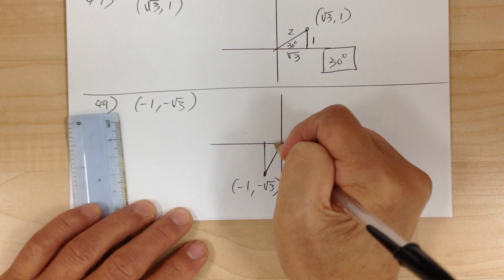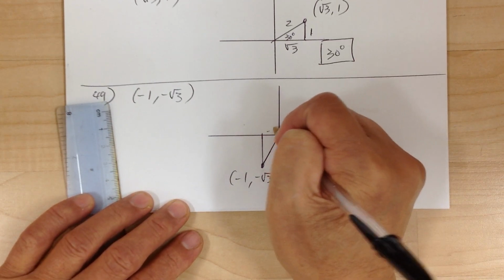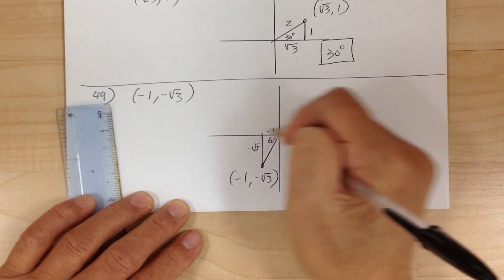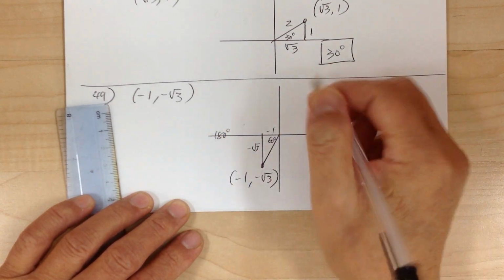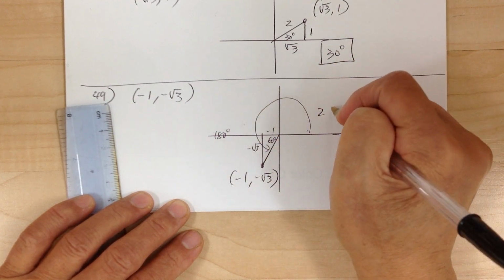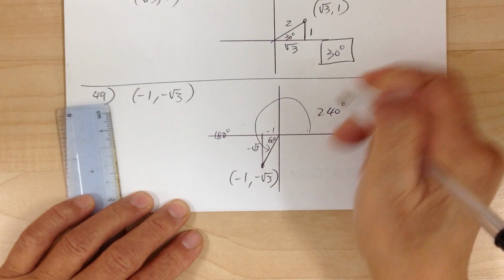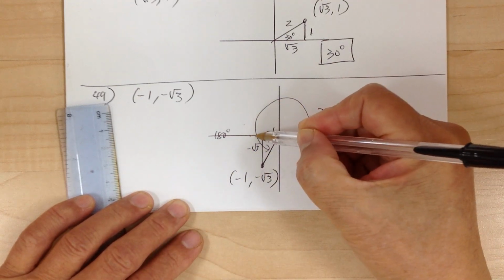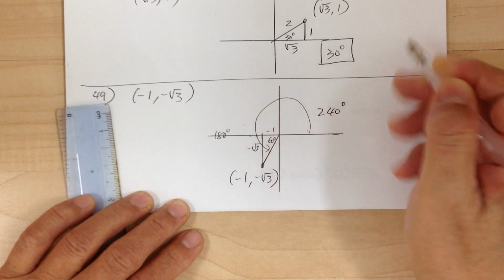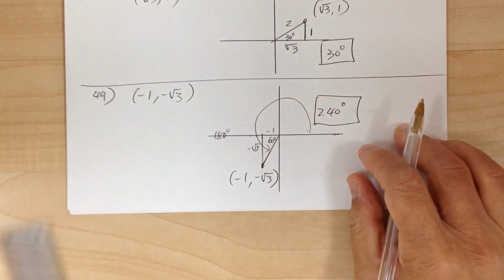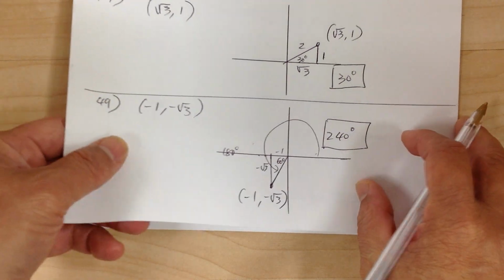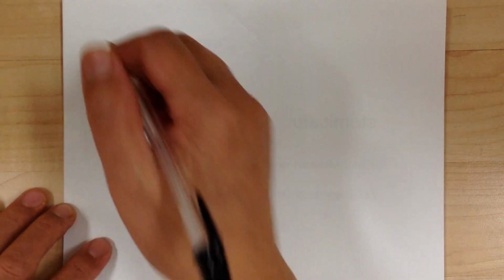Again, from your geometry, this would be your 60 degrees, and this is 180. So theta will equal 240 degrees, because you start with 180 and you go this way, you add, right? So 180 plus 60 gives you 240. Okay, let's go to the next one.